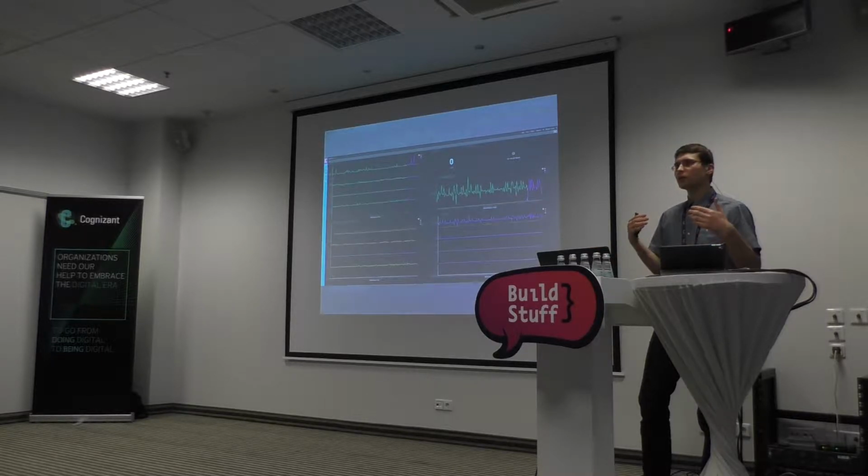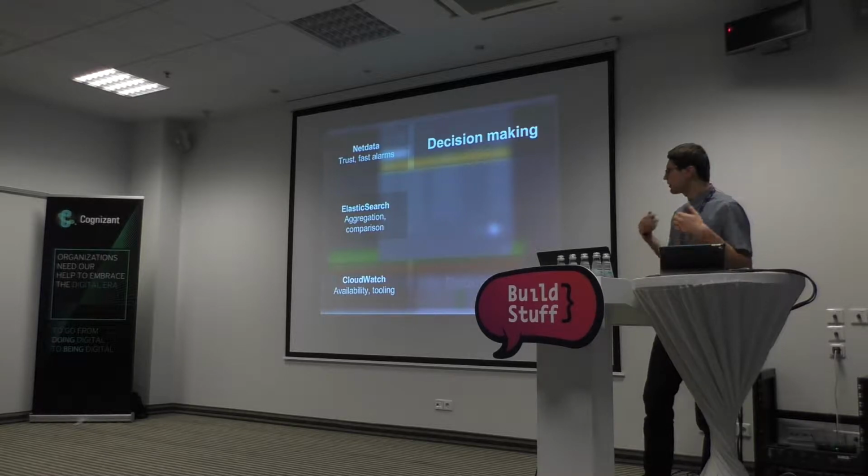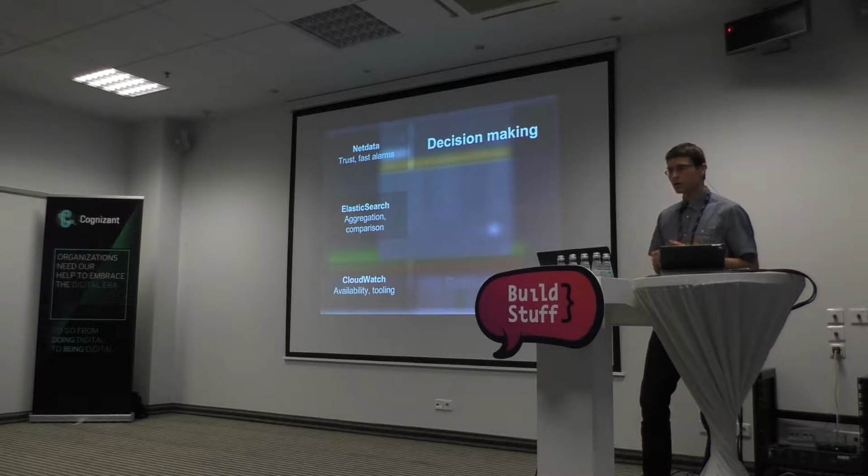So you want to compare not the applications in the instance, but the actual instances. So there is an example from deploying a new version. You can check different metrics and visualize them in a better way than Netdata can. So that's about the decision making.